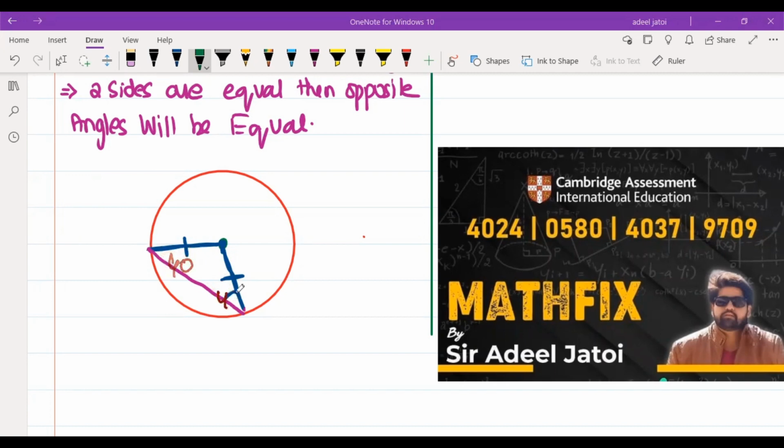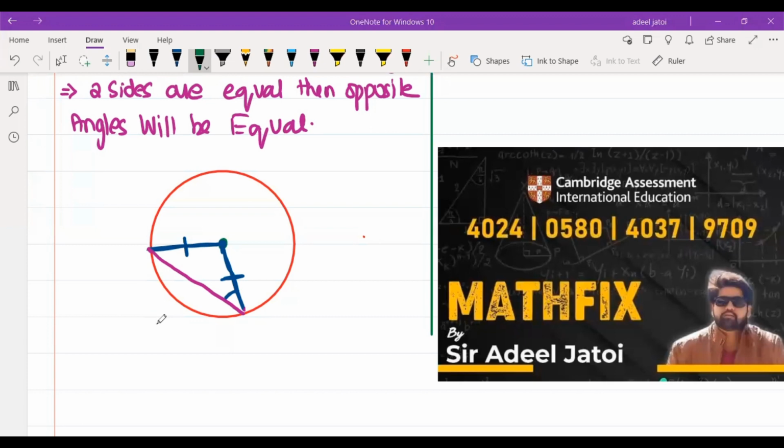If this is 40, this should be 40. If this is 50, this should be 50. Sum of the triangle will remain what? 180 degree. So if this is 30 and this is 30, so 30 plus 30 will be 60. Then obviously 180 minus 60 will be what? 120.